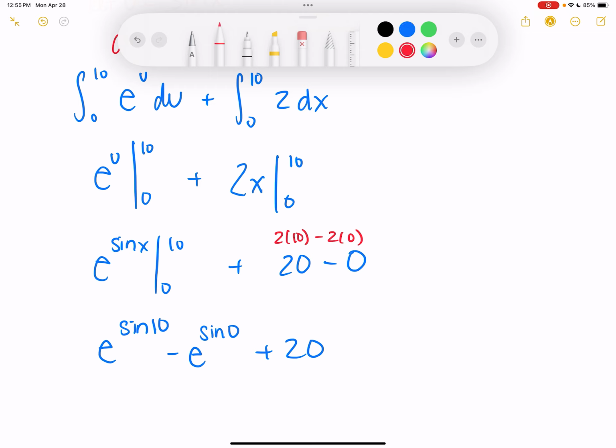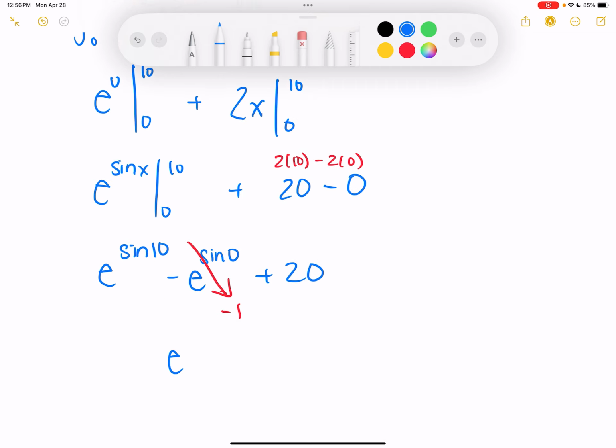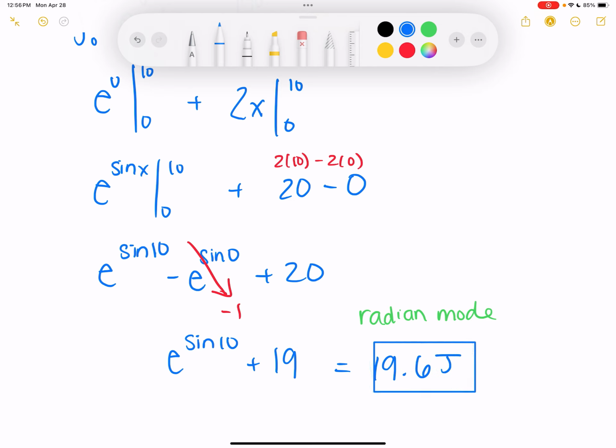So what's negative e to the sine of 0? Negative 1. So I end up with e to the sine of 10 plus 19, or we would have to do this in our calculator, specifically radian mode. And we would get 19.6 joules. This is a work problem.